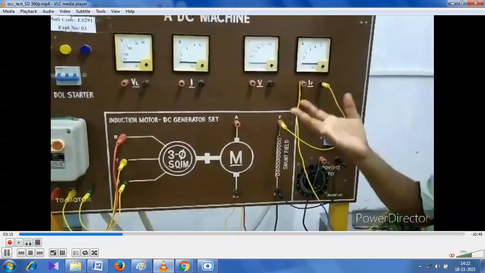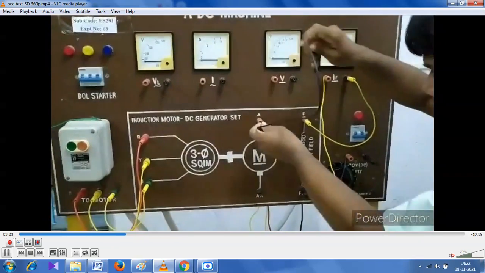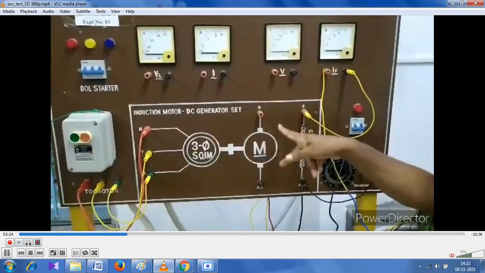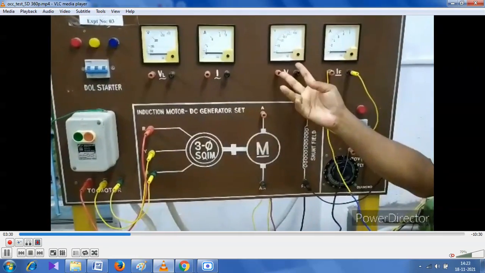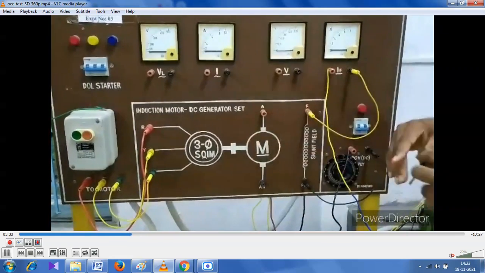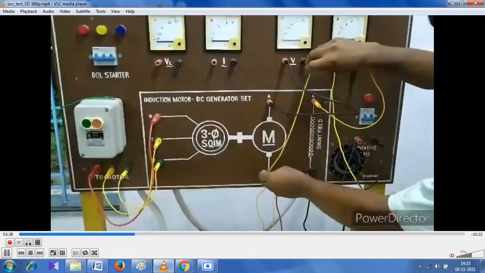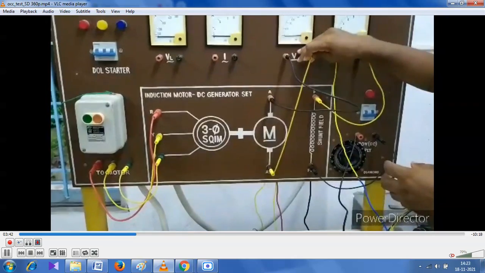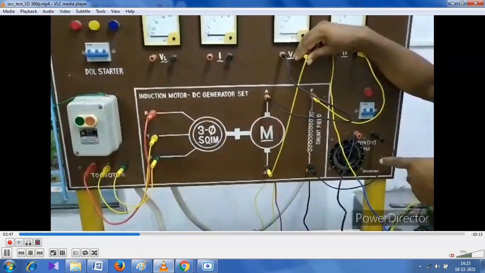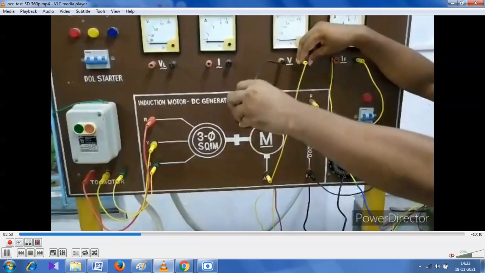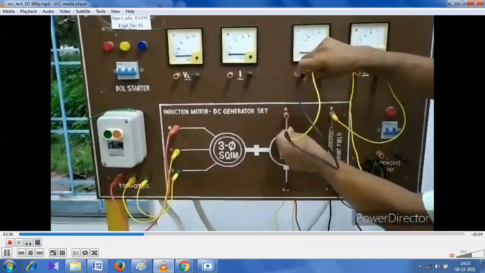Then we provide that terminal to the field, and we connect the negative terminal of the supply with the FF terminal, because we are making a connection from the positive terminal of the supply to F through an ammeter and a variable resistance. After completing the circuit, we connect the negative terminal of the supply with FF.